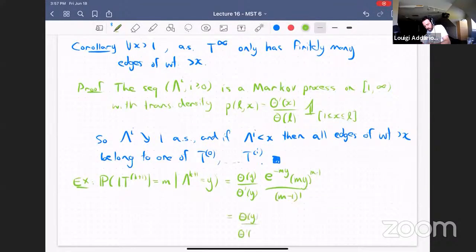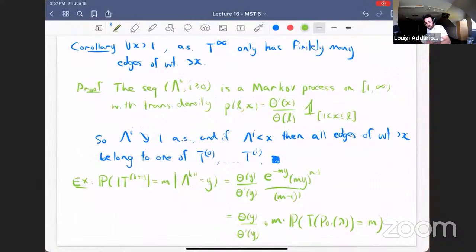theta of y over theta prime of y times m times the probability that a Poisson Galton-Watson tree with the dual parameter lambda hat has size exactly m.